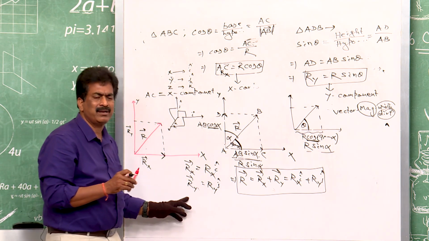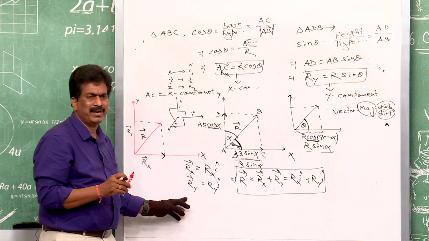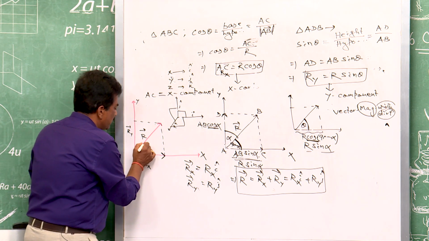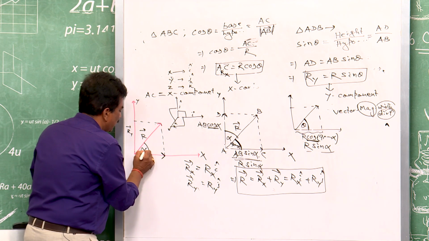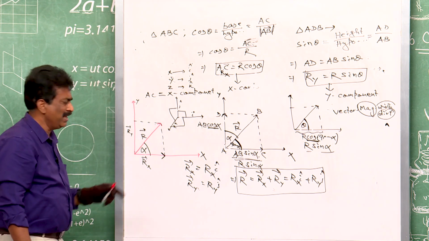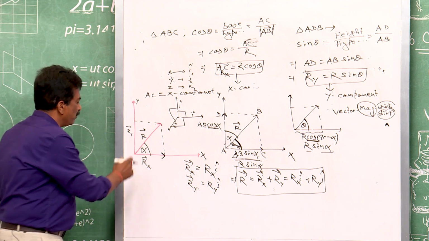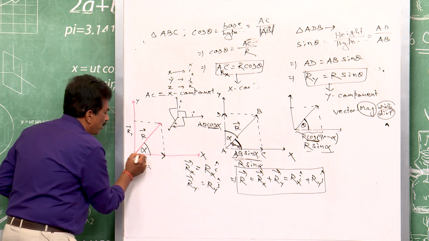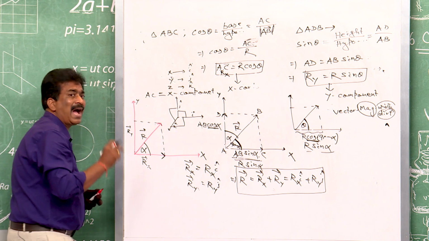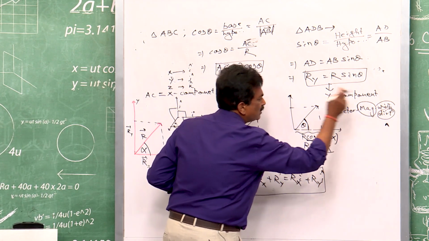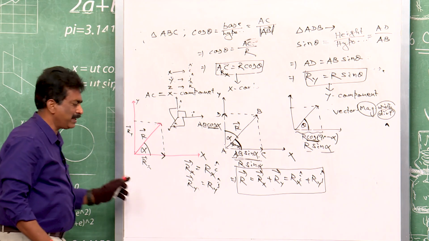If this is a vector, the rx vector and ry vector must have magnitudes. If this is the angle, suppose that angle is alpha, then the direction can also be determined. A vector having a magnitude also has a direction. So what will the direction be here?